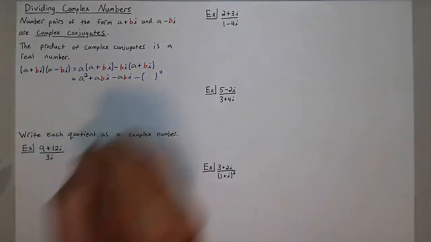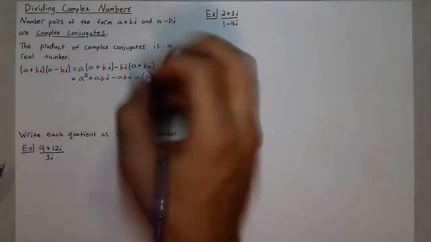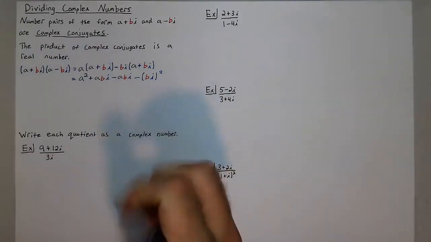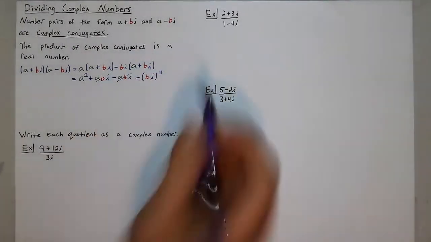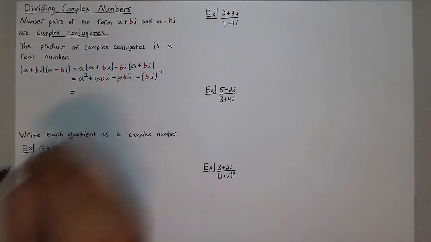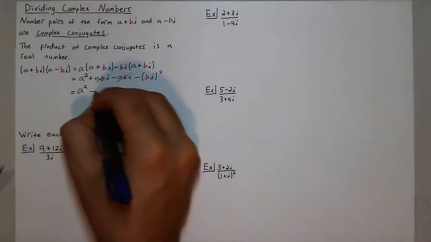Now I know that's b squared times i squared, but I do want to show a nice pattern that emerges first. Here I can see that my middle terms are opposites. That usually happens with conjugates. And I'll be left with a squared minus bi squared.